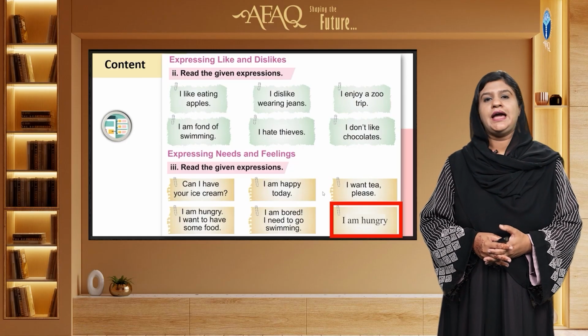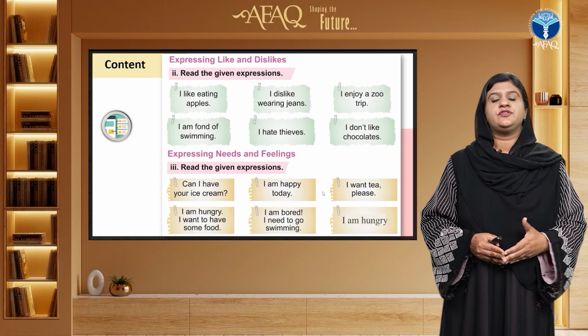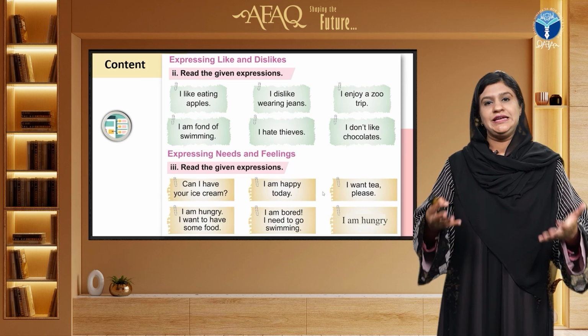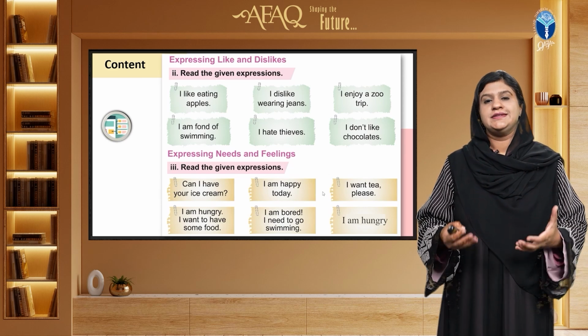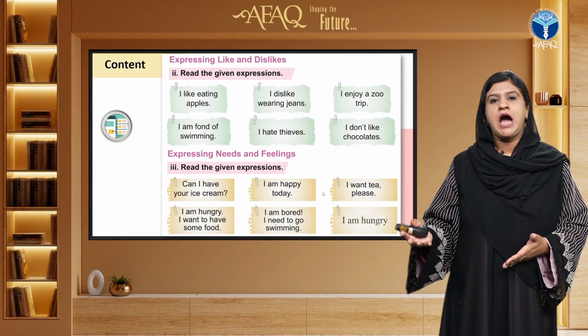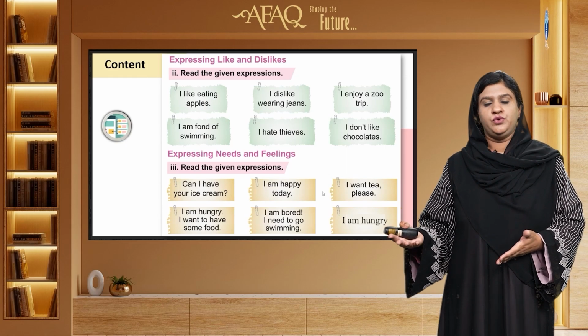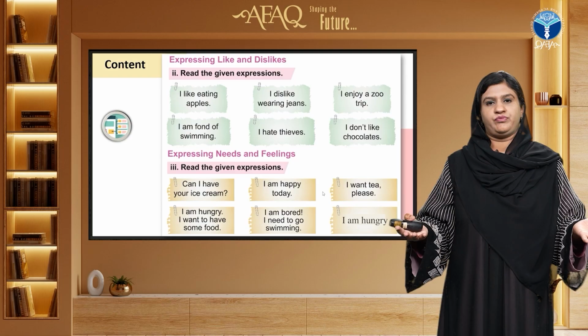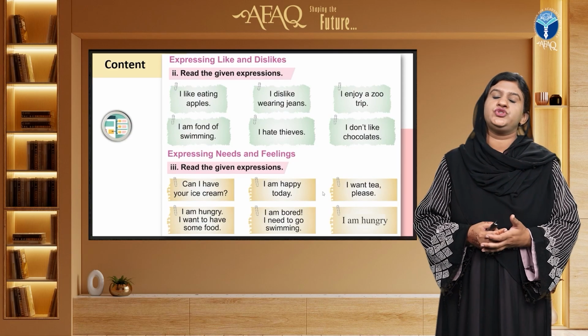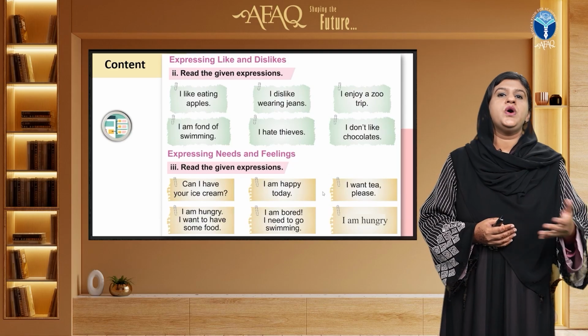And I am hungry. These are some expressions by which I have expressed my needs, what I want. Sometimes you can ask a question and sometimes you can easily ask when you want to eat or drink something. Sometimes you want to ask and sometimes you just have to tell whether you need something.